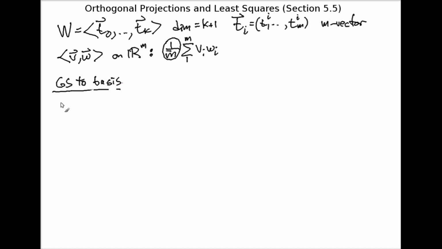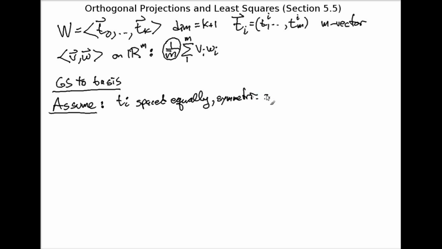And to simplify this, I'm going to assume that the Ti's are all spaced equally and symmetric about 0. Symmetric around 0.